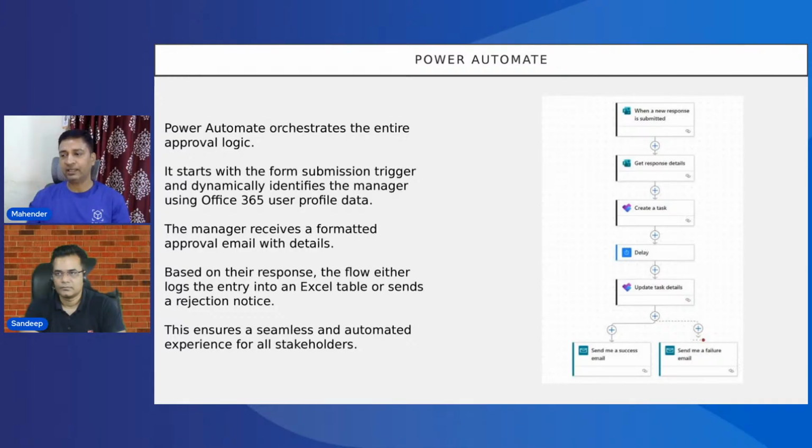Once these connections are set up, I can use the different actions that are part of the tools or whatever connector I have selected. In this case, you can see we have used Microsoft Forms, then Microsoft Planner, and then the Outlook connector for the notification.